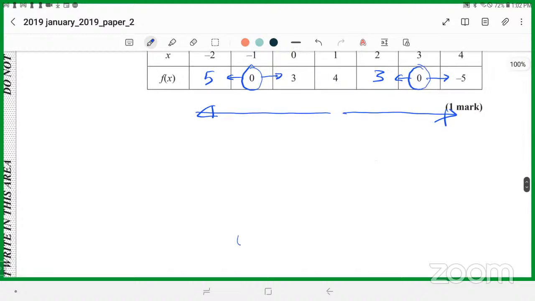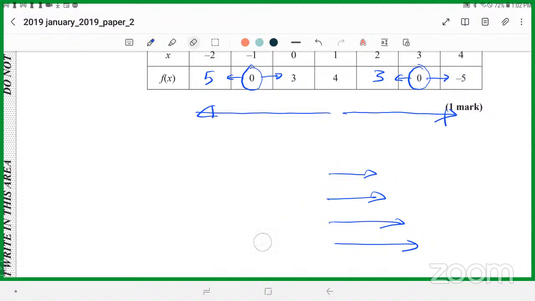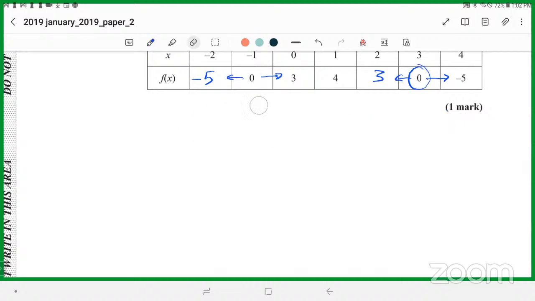Remember the graph shape: the distance from the axis of symmetry is the same outwards to your y values. But if you want, you can calculate them. Yes, -5, not 5, -5. Just like this. Thanks. That's how you can just look at it and put them in.